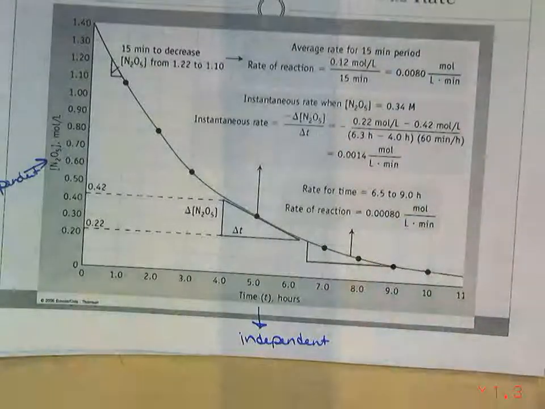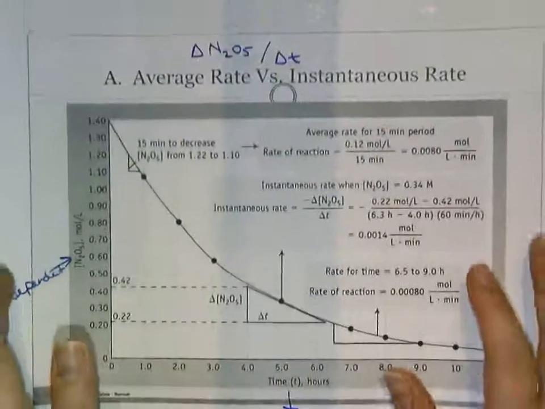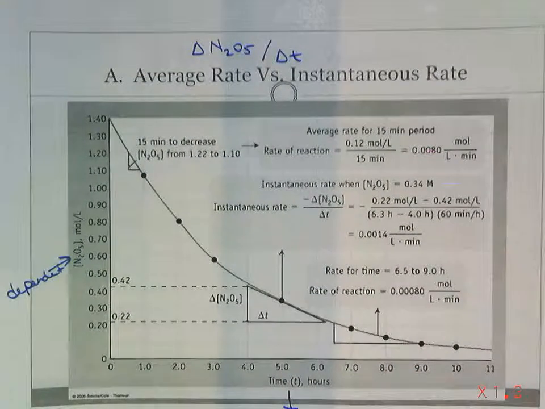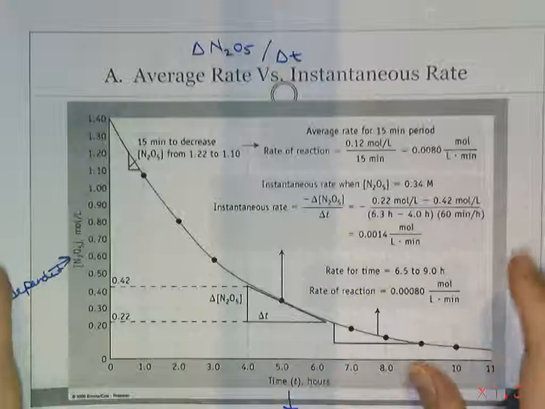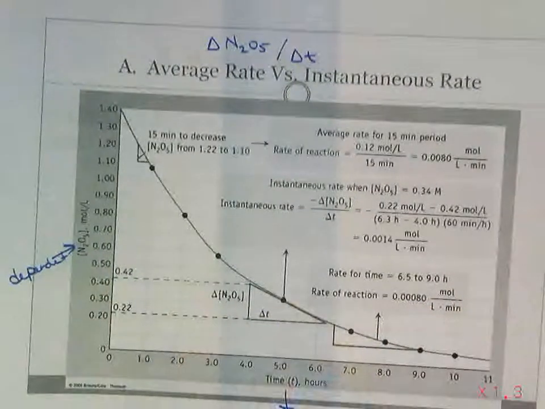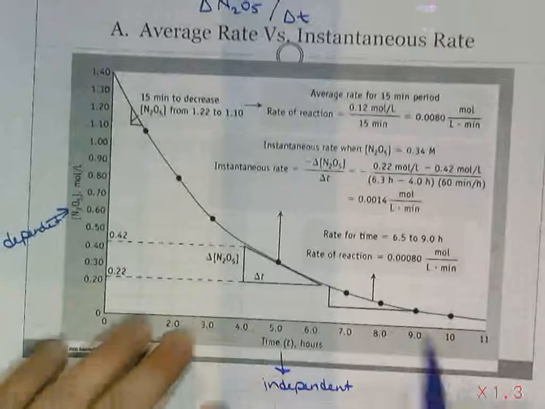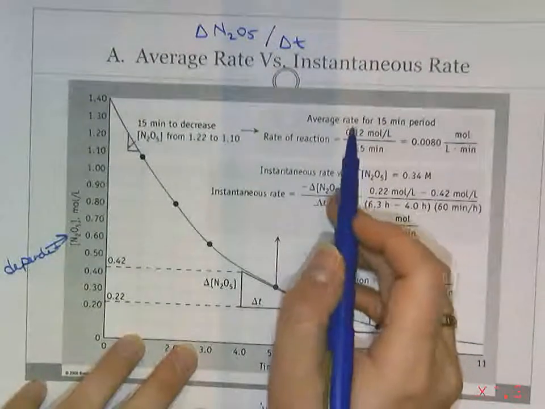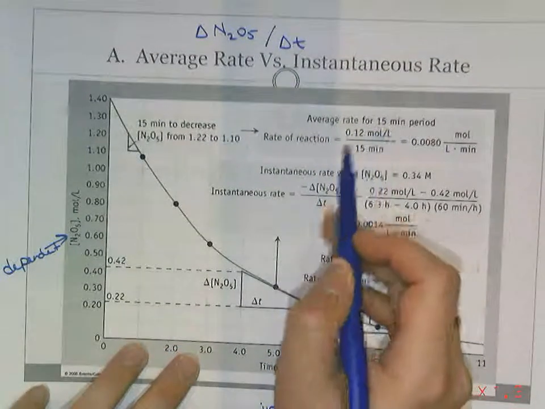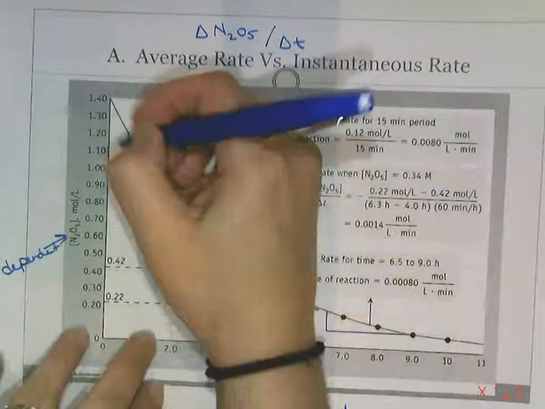So, we can measure how fast we are losing reactant or gaining product. For this, the average rate is how much you lost from here to here.